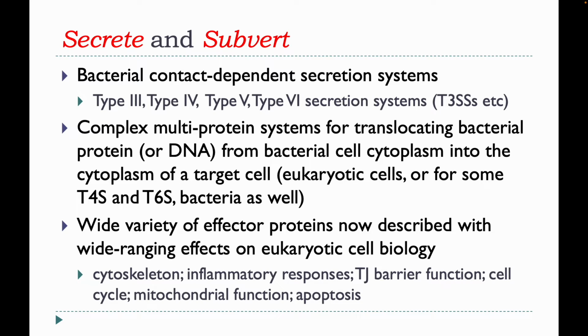And we've learned recently that some of these are not only involved in warfare between bacterial cells and eukaryotic cells, but things like type 6 secretion are actually a mechanism whereby bacteria joust with each other and inhibit each other as well. So it's very interesting.